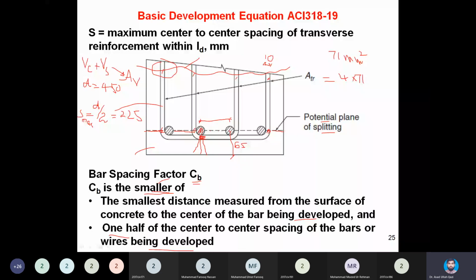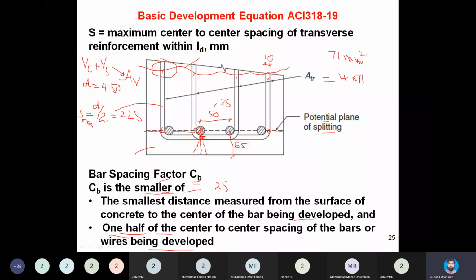Just for the sake of example, if I select 50 millimeter as center to center spacing, then 1/2 of center to center will be 25. So out of 65 and 25, the smaller is 25.